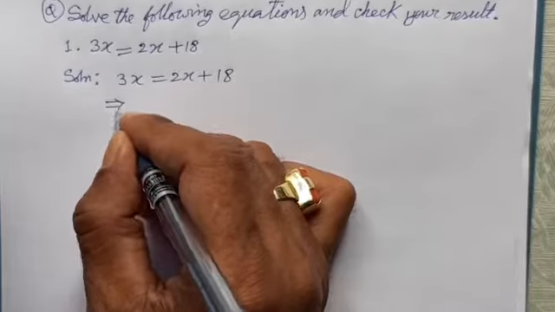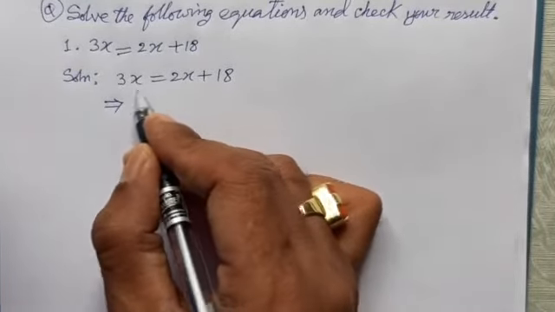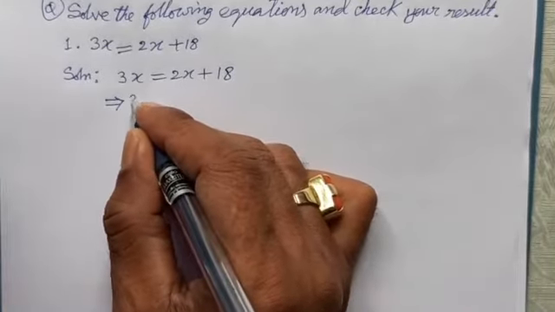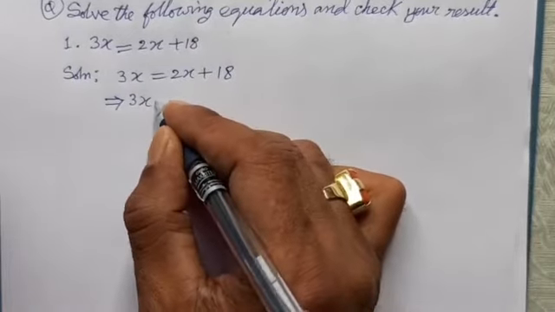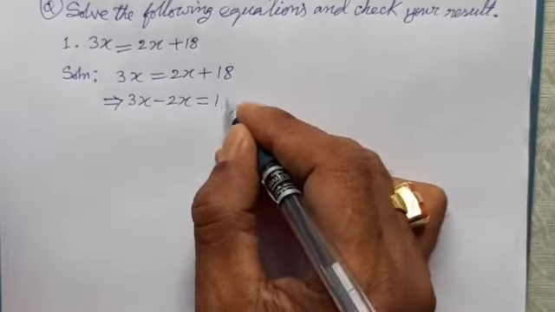This implies now 3x is a variable, 2x is a variable. So this 3x and 2x, let's keep on the same side. 3x. 2x is transposing to the other side, then the sign is changing. Minus 2x is equal to 18 is left.